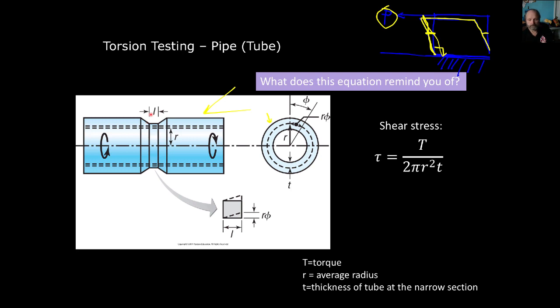Okay, so your shear stress is related to the torque, the average radius, and the thickness of the tube at the narrow section. So that's how thick the tube is. So you think about it, I'm applying a force, which is a torque. It's a twisting force. And I'm doing it over the area that's r squared t.